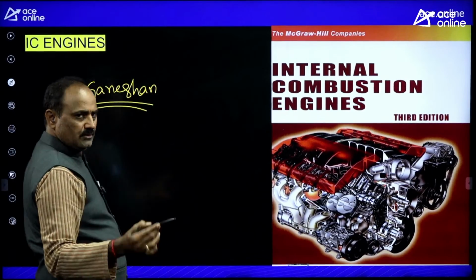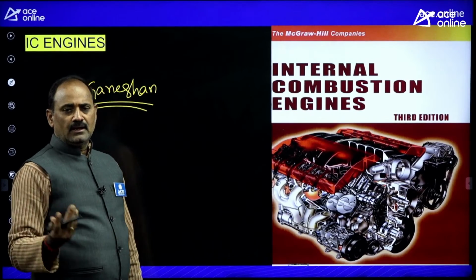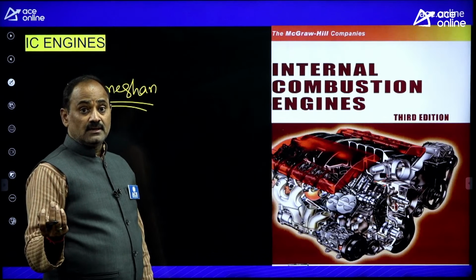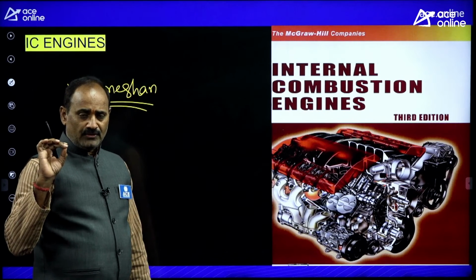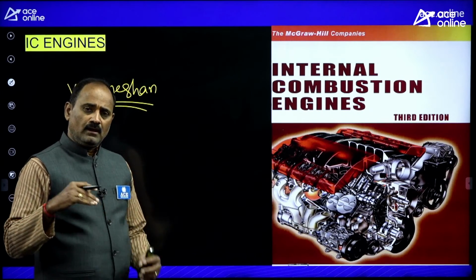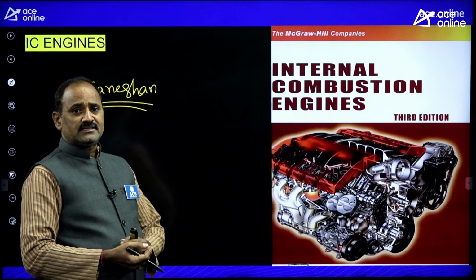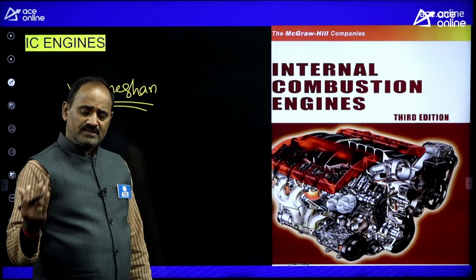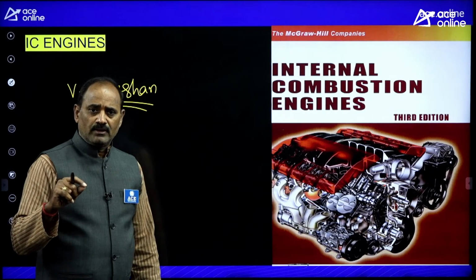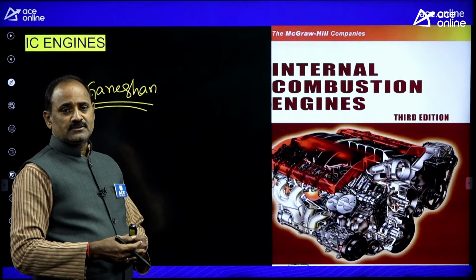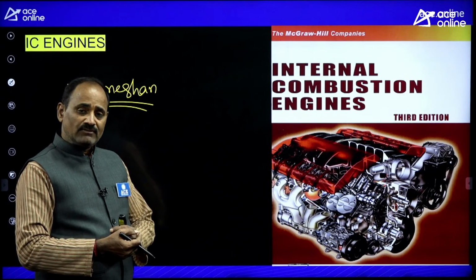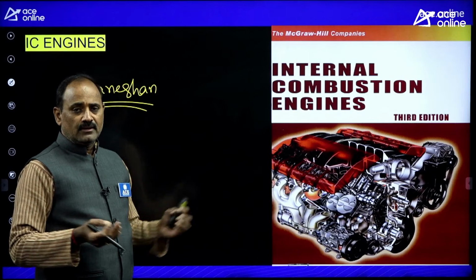From this textbook, you can find the different engines like spark ignition engines, petrol engine, diesel engines, carburation, the fuel injection system, methods of ignition systems, pollution mechanism, combustion of SI engine, combustion of CI engine, and lubrication system, cooling systems, fuel air cycles, actual air cycles, and combustion chemistry.